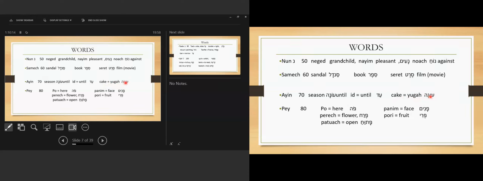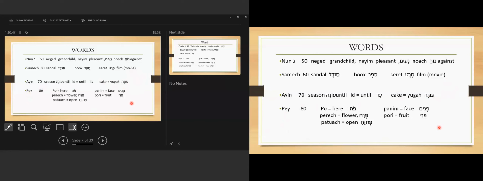But it's k, a, r, t, i, s. Kartis is a ticket. I buy a ticket to go to the movies, or I buy a ticket to go on the train. A kartis is a ticket. Okay. English, Afrikaans. This one is Hebrew.